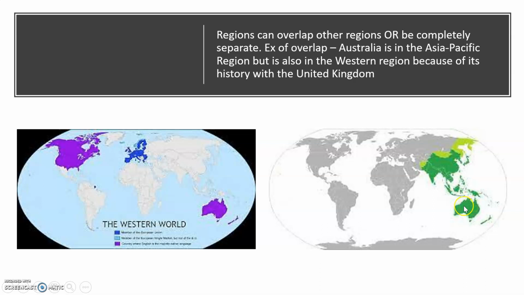Others would say that Australia is in the Western region because of its history with the United Kingdom. The United Kingdom colonized Australia after it colonized us here in the United States and Canada. That would be an example of regions overlapping. So you can say that the same place, like Australia, is in different regions.